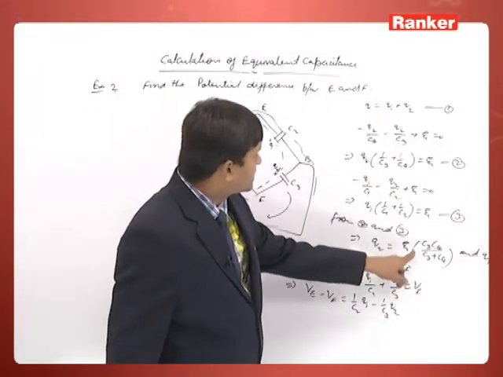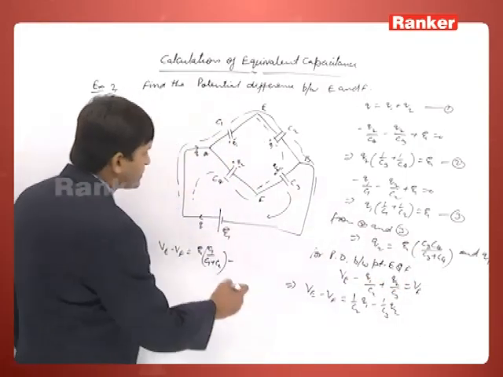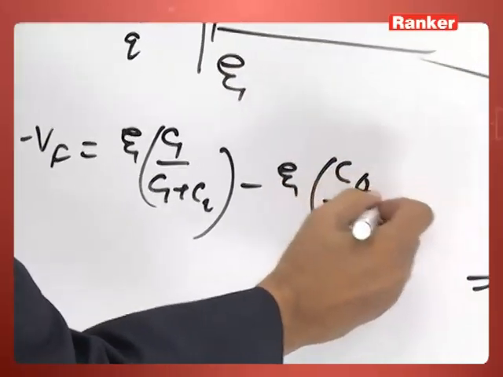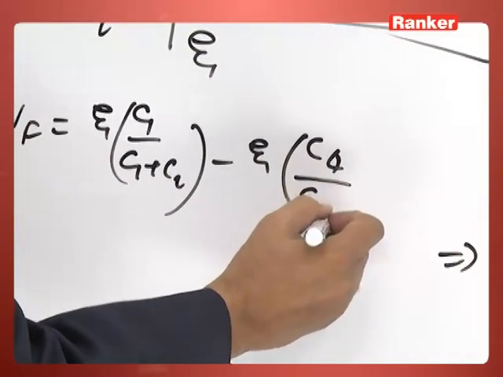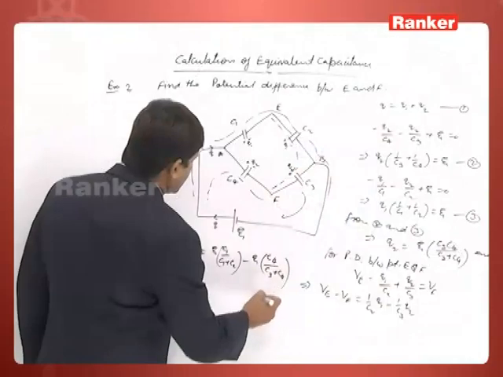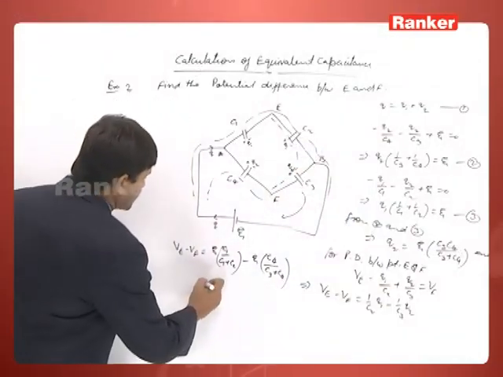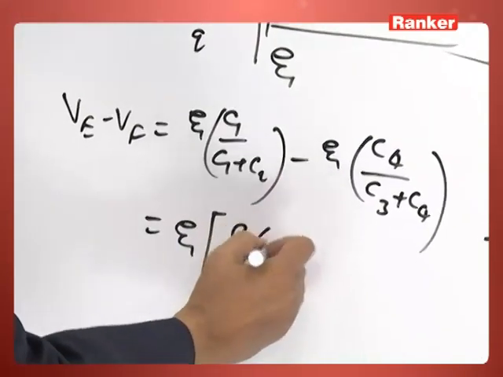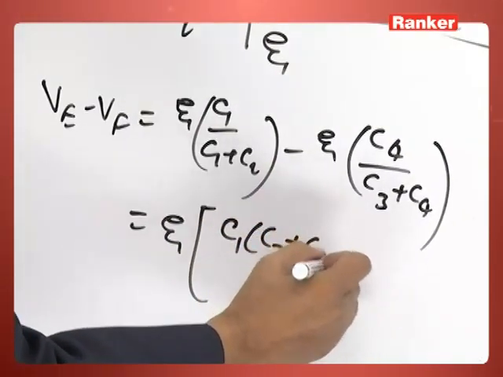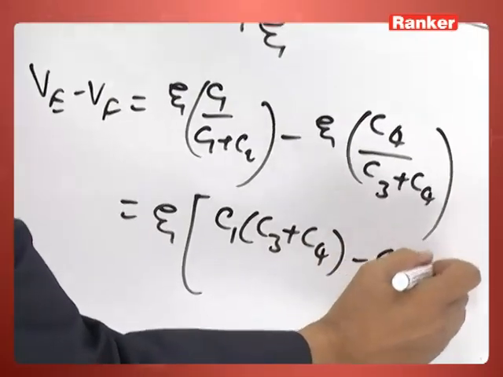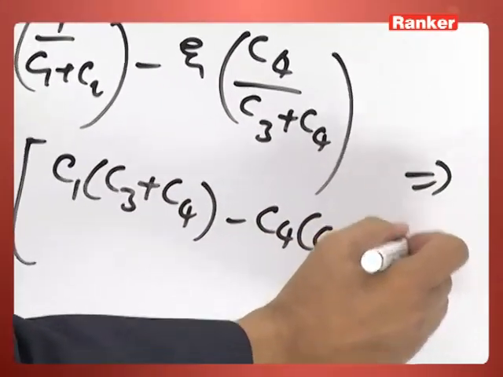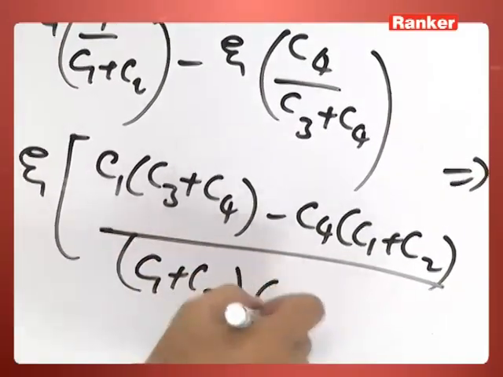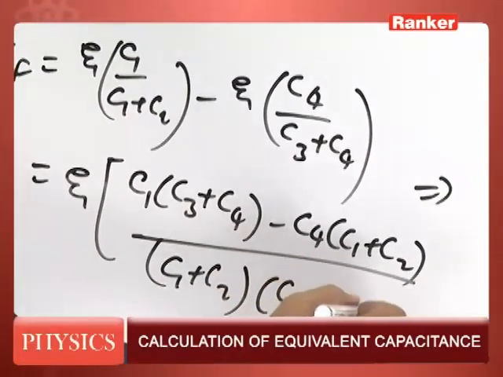Q2 by C3 is your E C4 by C3 plus C4. Now, a little bit of simplifying. E we can take common, C1 times (C3 plus C4) minus C4 times (C1 plus C2), by (C1 plus C2) into (C3 plus C4).